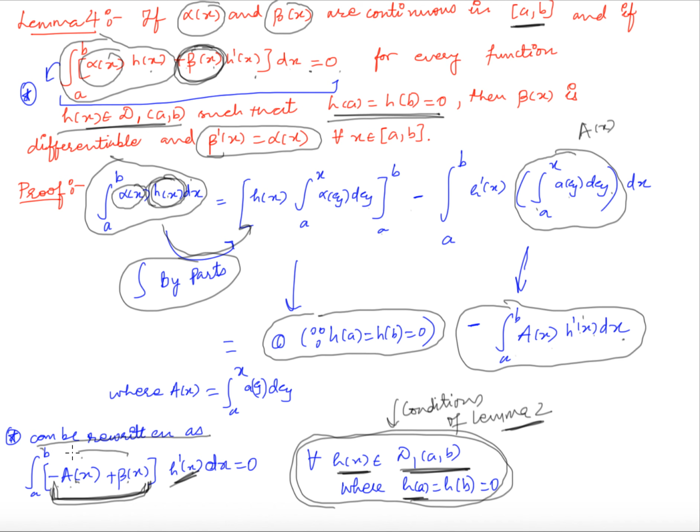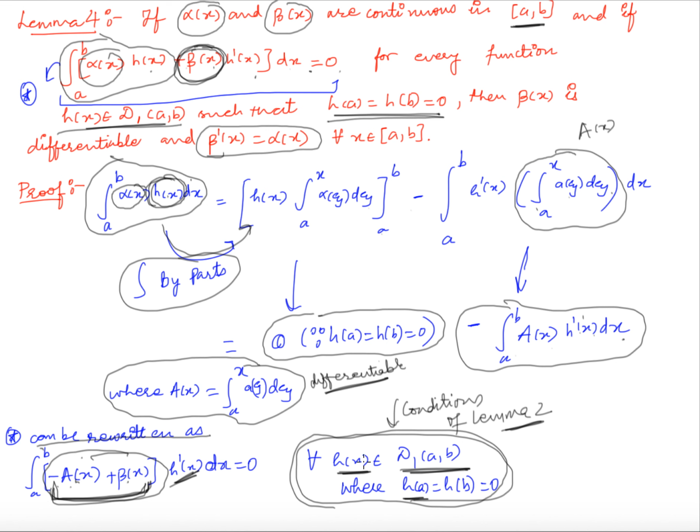You can easily prove that this A x is continuous. In fact, this is differentiable. You can easily prove the differentiability of this function A x. And you have this beta x already continuous. So you have a continuous function times h dash x dx with integration from a to b equal to 0 for all h x which are in the space D1[a, b] and satisfying these boundary conditions.